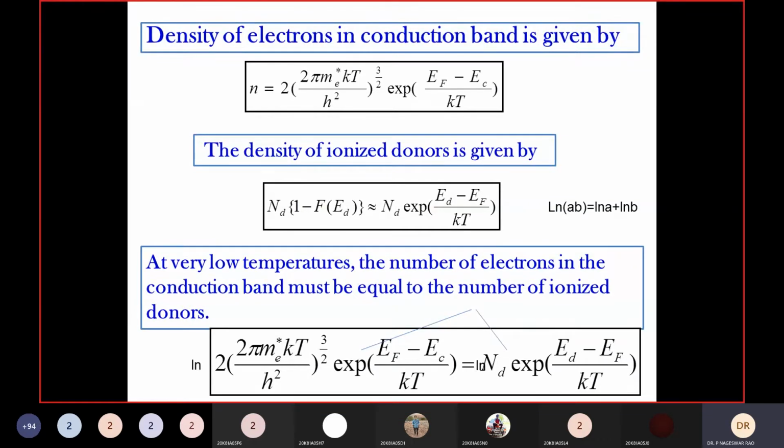So now we have to calculate the density of ionized donor atoms, that is, the density of electrons in the conduction band. Here Nd is the density of electrons in the donor level, but we want the density of electrons in the conduction band.